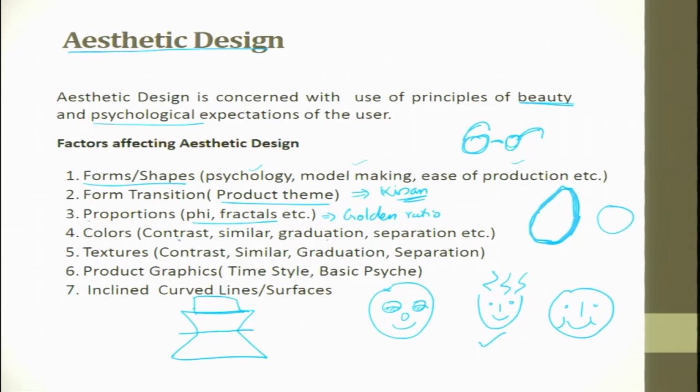There is a difference between nature's products and engineering products. Nature's products do not follow simple geometry, but engineering many a time follows simple geometry. Why? Because it is only to keep the ease of manufacturing.